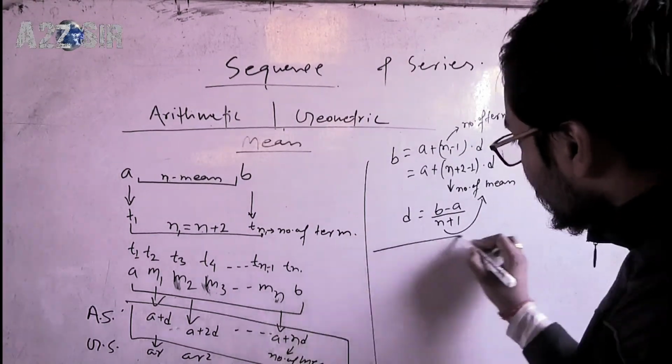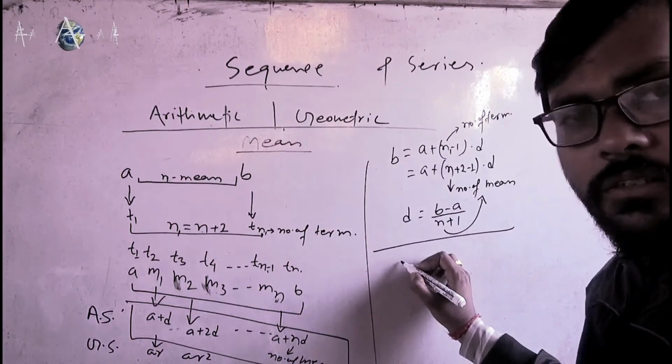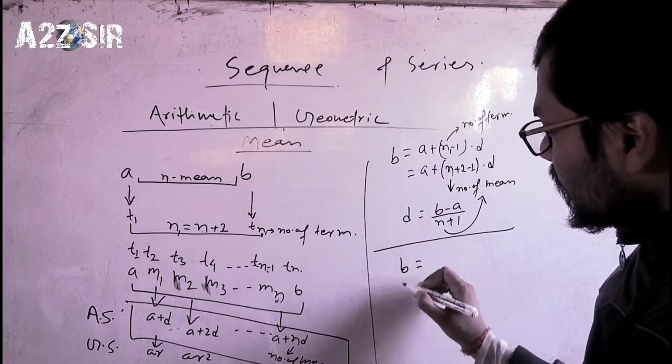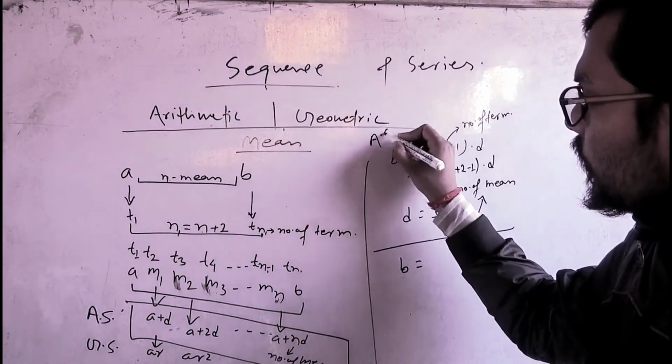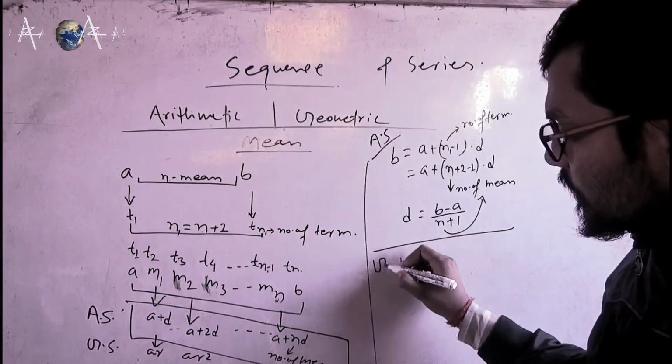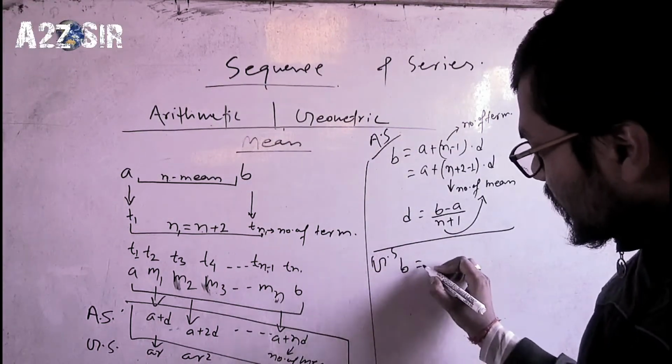Similarly, you can go for R. This one is for the arithmetic sequence, this one is the geometric sequence, and B is equal to what?